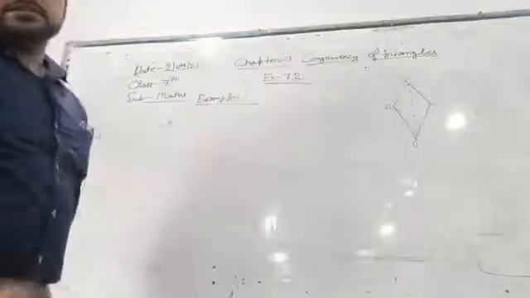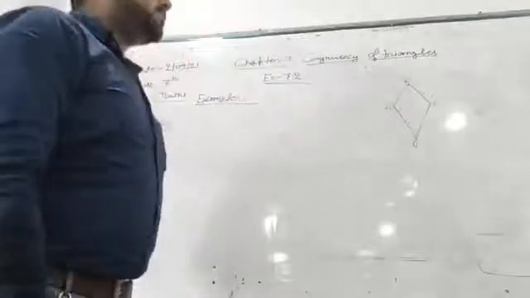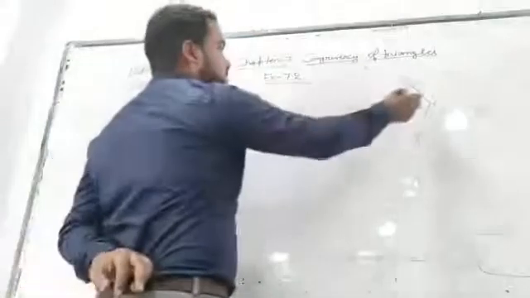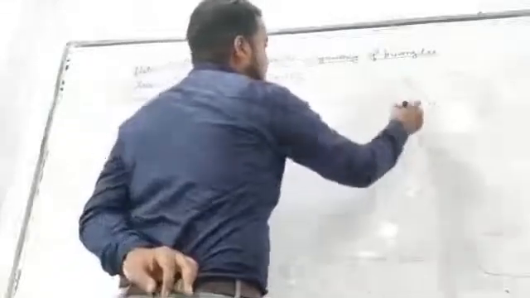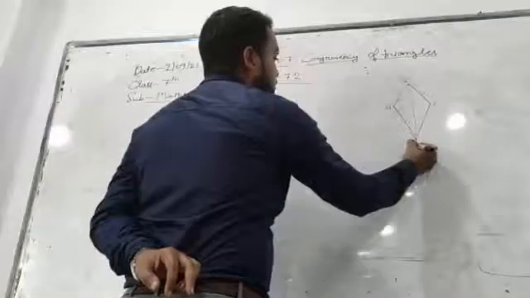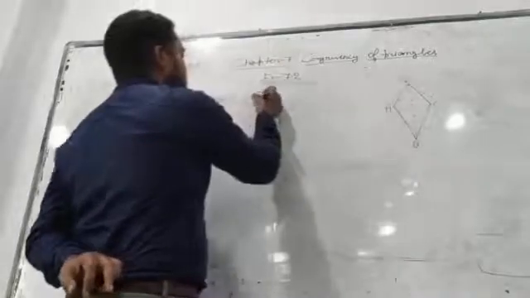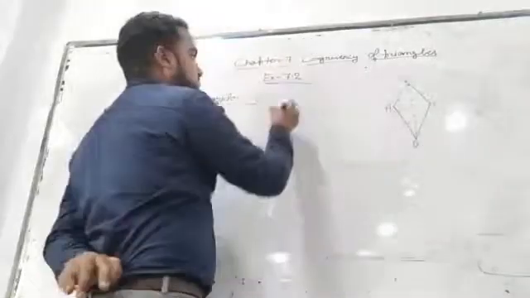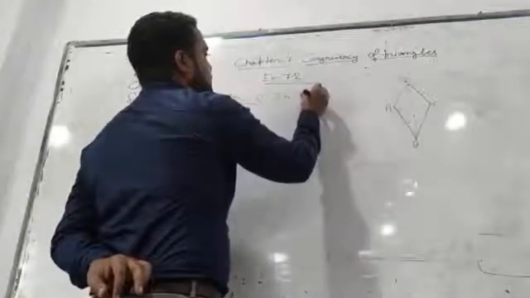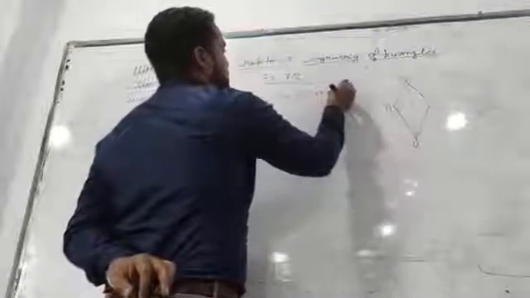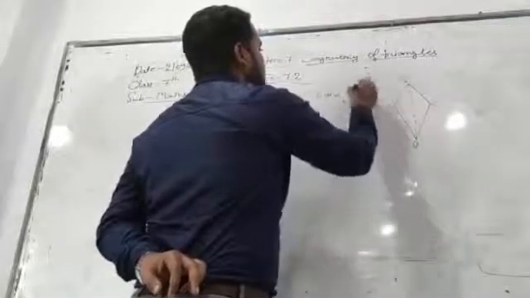Now, the first question is, which parts of the triangles are equal to each other? That means we have to find the equal parts in these two triangles, that is triangle ADB and triangle BDC.